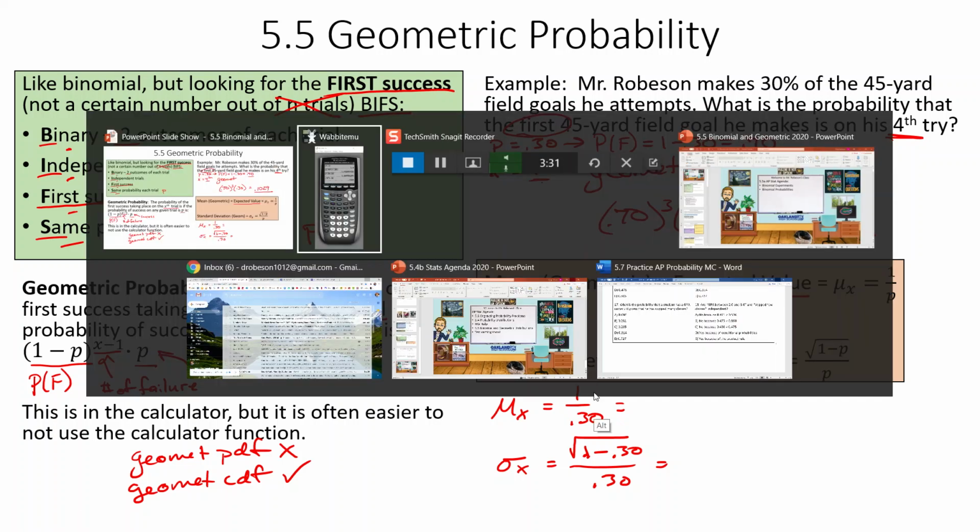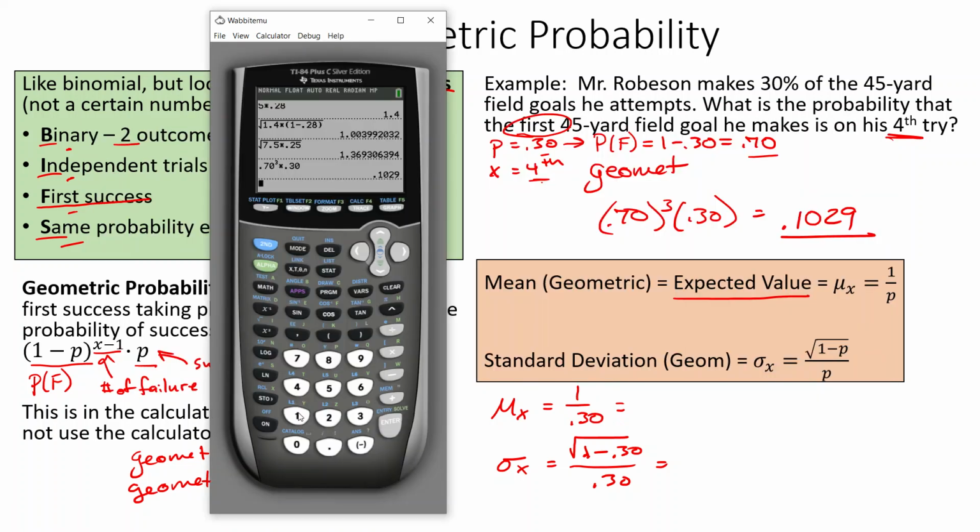All right, so let's see. 1 divided by 0.3 is 3.33333. And the square root of 0.70 divided by 0.30 is 2.7888, or 2.79.